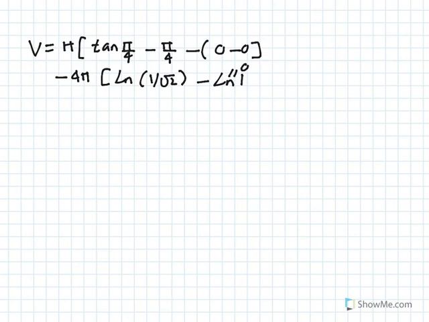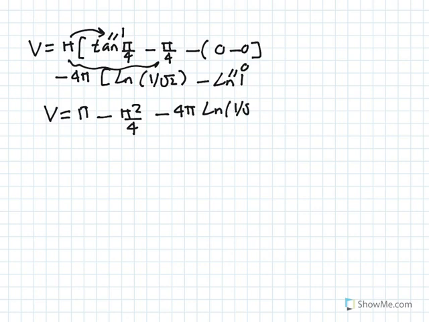So when we simplify this, we get volume, and tangent of pi over 4 of course is 1, so we get volume is equal to pi times 1 gives us pi, minus pi times pi over 4 gives us pi squared over 4, minus 4 pi times log of 1 over root 2, and then plus 4 pi log of 1, but of course we know log of 1 is just 0.